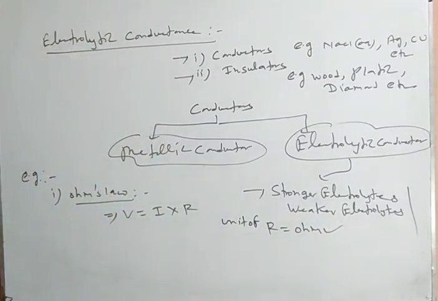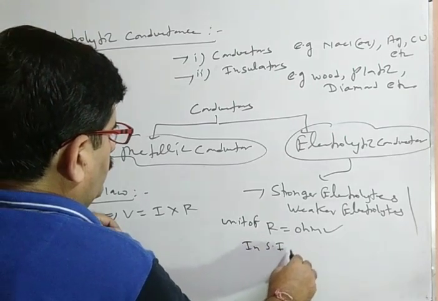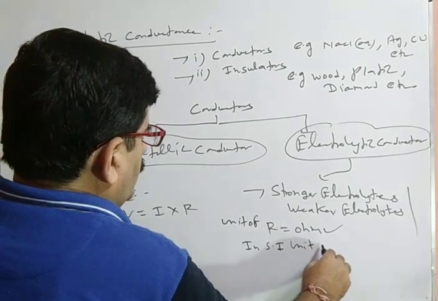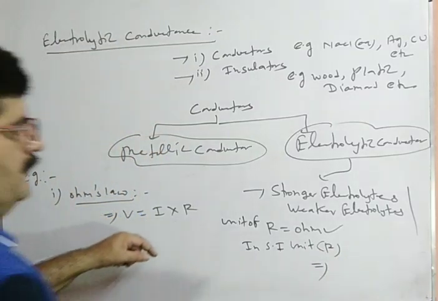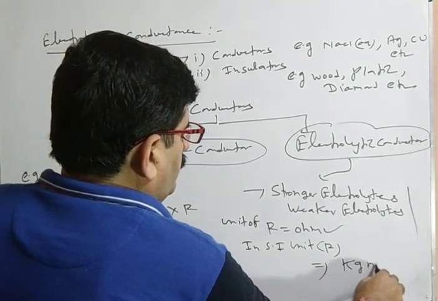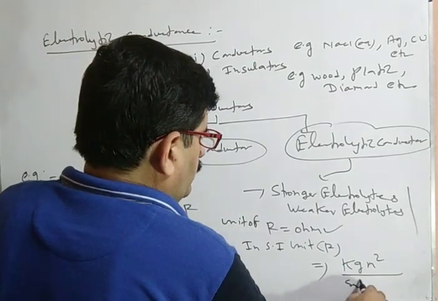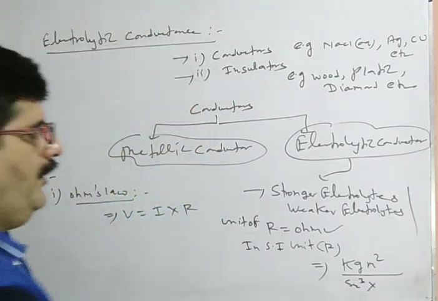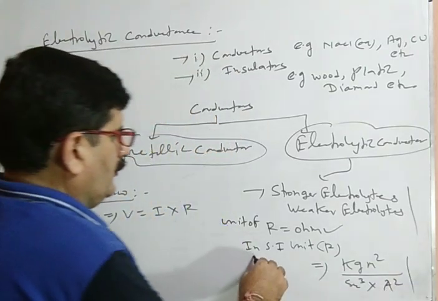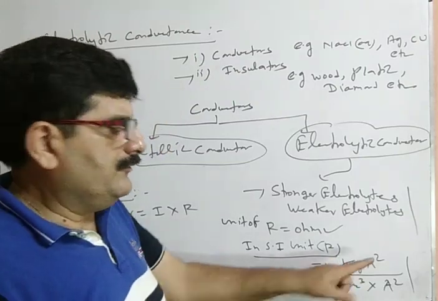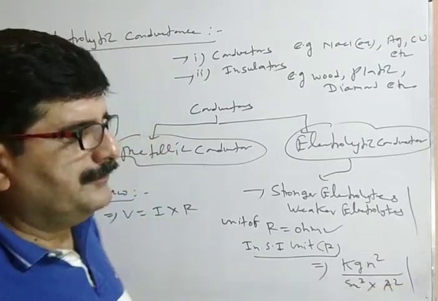Ohm is a universal unit, but in SI units, R can be written as kg meter square divided by second cube into ampere square. So always remember the SI unit of resistance is kg meter square divided by second cube into ampere square.